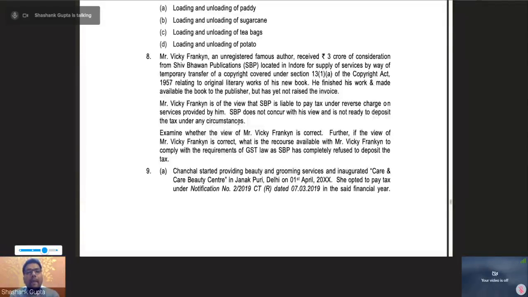But now an option has been given wherein the author needs to obtain registration, file a declaration in the specified format, and raise an invoice along with GST with a declaration to the publisher. So the complete answer should be that the view of Vicky Franklin is correct, that SBP is liable to pay tax under reverse charge, but because SBP is not agreeing, an option is available with Mr.